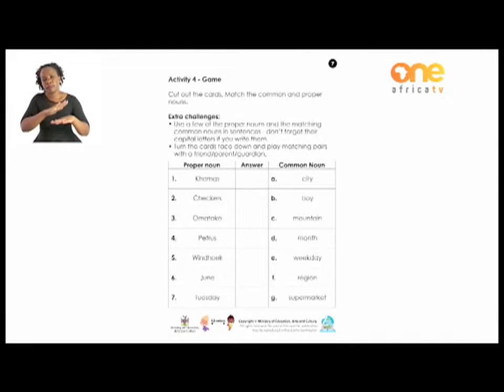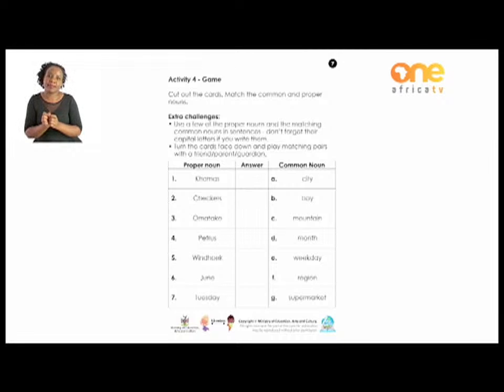For example, let me pick on number 1, commerce. The word which corresponds with commerce is region. So we say commerce region.